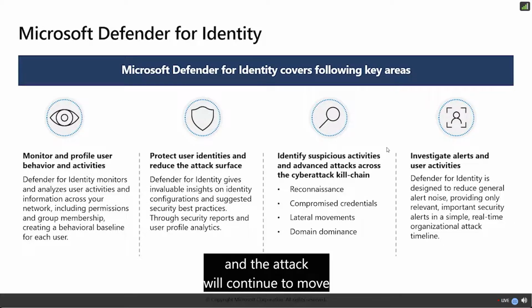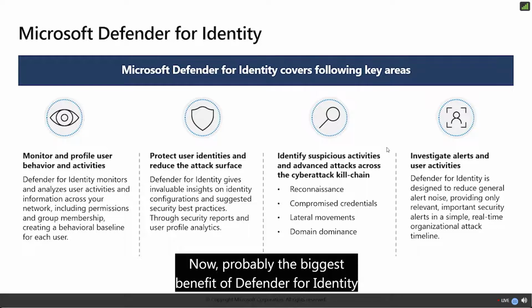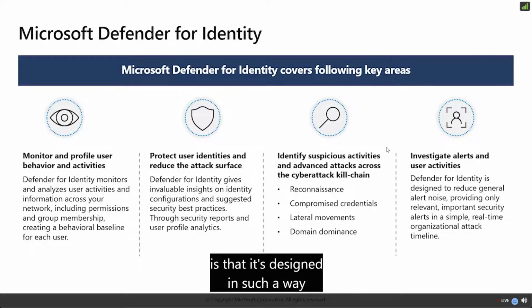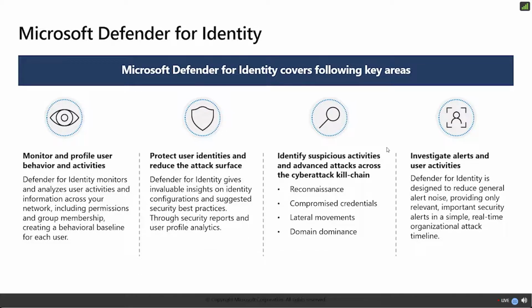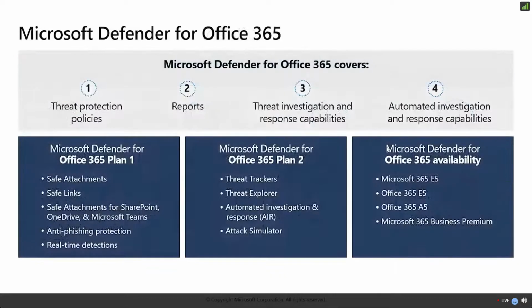And the attack will continue to move until they reach an admin or domain account, or worse, your data. Now, probably the biggest benefit of Defender for Identity is that it's designed in such a way that you can cut down on unnecessary alerts. And this means that your team can focus on the most important security tasks in real time.